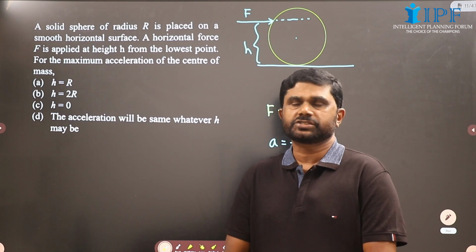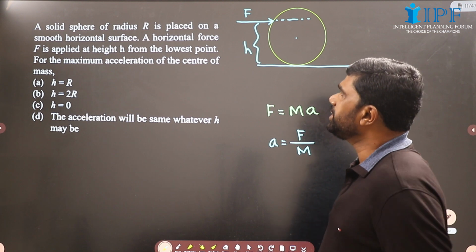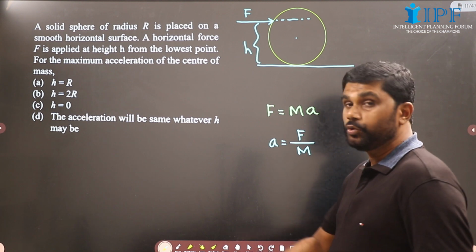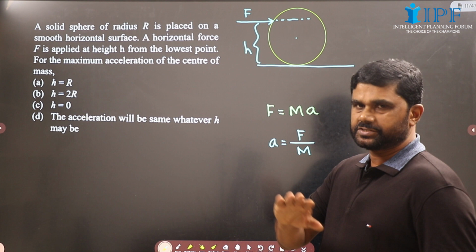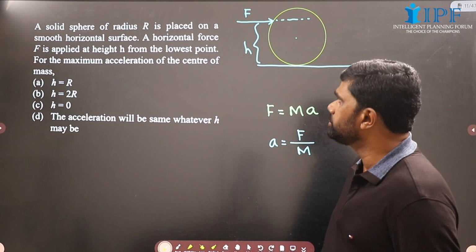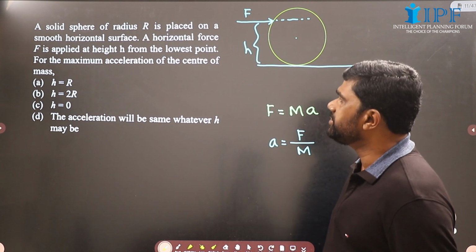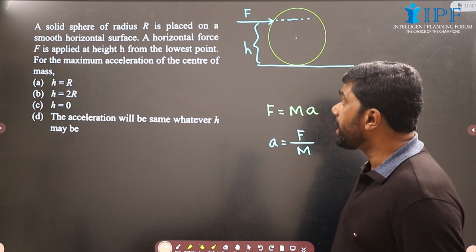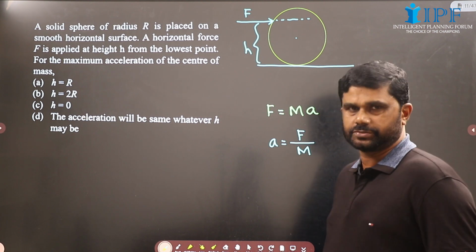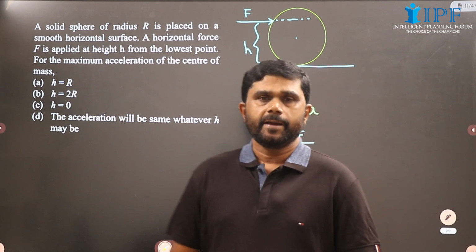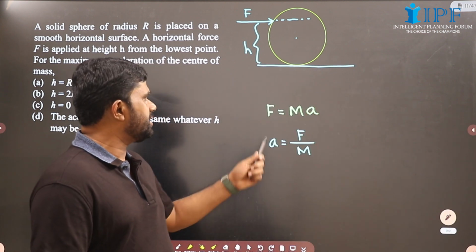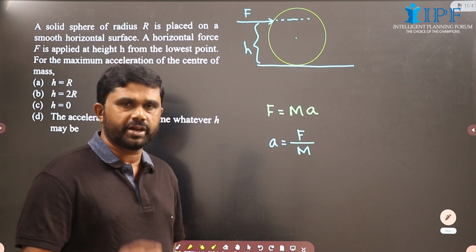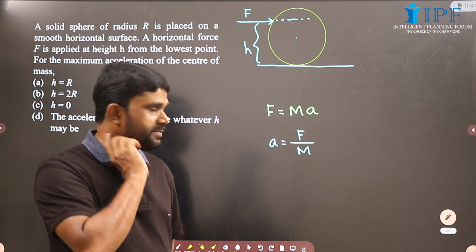And the next question: a solid sphere of radius R is placed on a smooth horizontal surface, which means there will not be any frictional force. A horizontal force F is applied at a height h from the lowest point. For the maximum acceleration of the center of mass, here F equals mass into acceleration, where a is the acceleration of the center of mass.